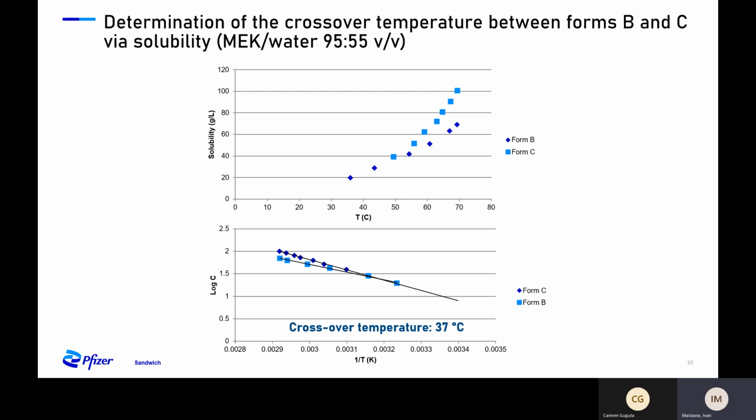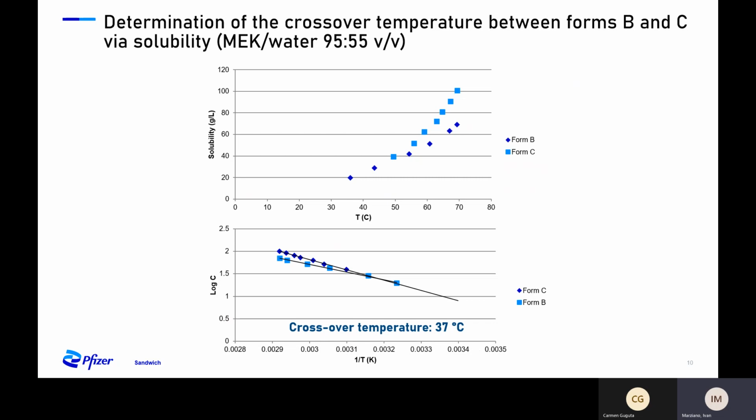Because of the difficulty in the 2 forms converting from one to the other, we were able to measure the solubility curves independently for the 2 forms, and determine the crossover temperature with a good degree of accuracy.